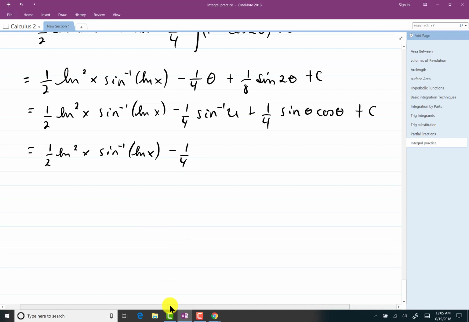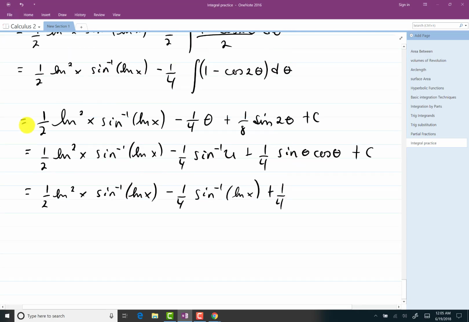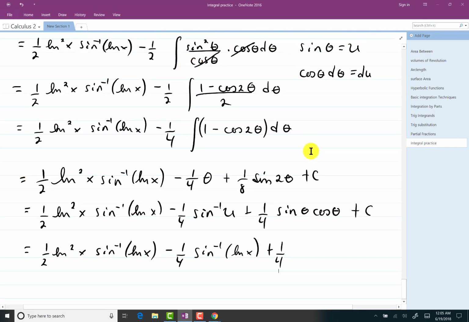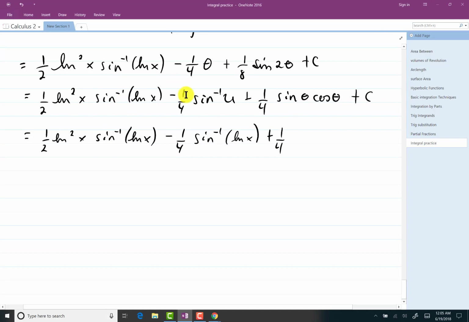So I have arc sine of ln of x. Now the theta, sine of theta was what? Sine of theta was u. So in fact, sine of theta is u over 1 as far as I'm concerned.